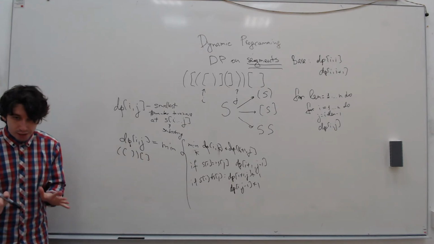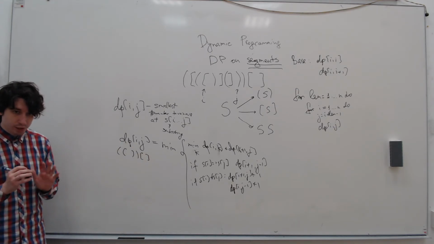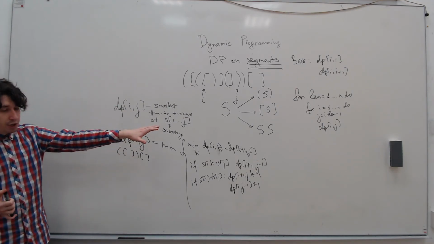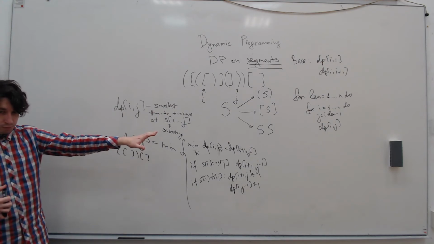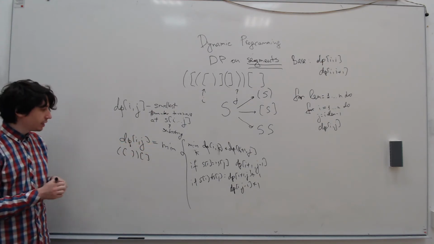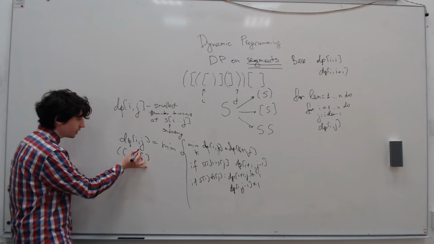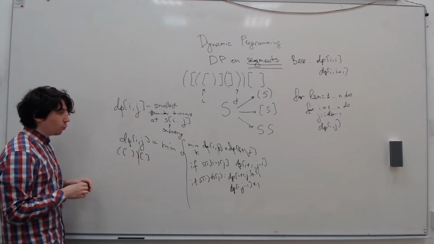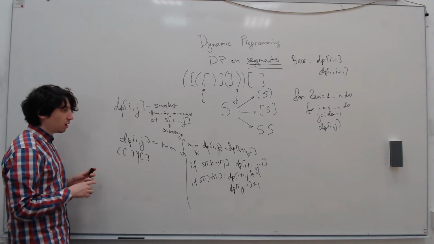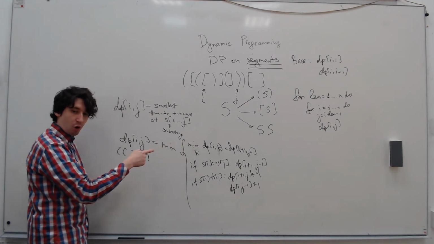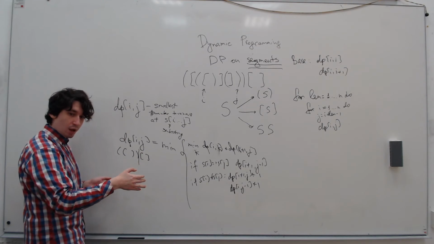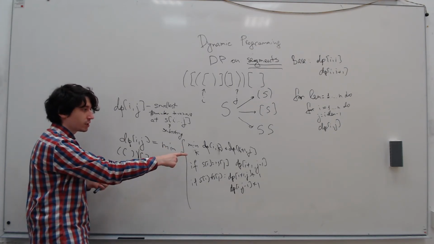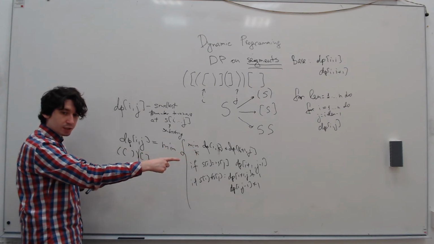We don't know it exactly, but there are 3 cases. Either it is a concatenation. If it is a concatenation, then we can iterate through all the split points and ask for the left half to be a correct bracket sequence and the right half to be a correct bracket sequence.